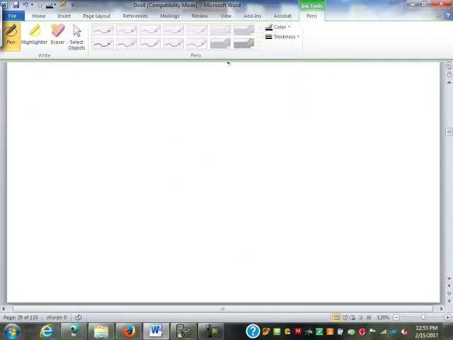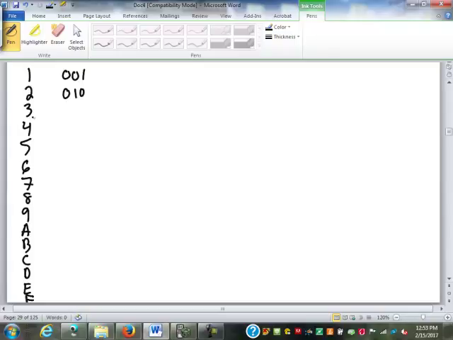Hexadecimal is just as easy once you have the key written out. So I'm numbering 1 through 16, 1 through F. 1 is 001, 2 is 010, 3 is 011, 4 is 100.